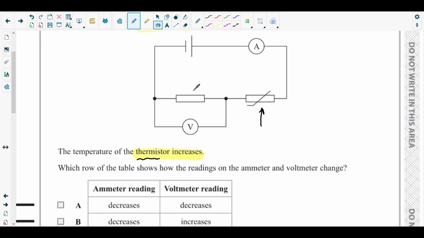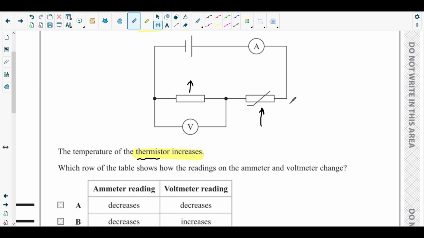And since this fixed resistor is in series with the thermistor, as the resistance of the thermistor decreases, the PD across the thermistor will decrease. Therefore the PD across the fixed resistor will increase because the EMF is constant, right?